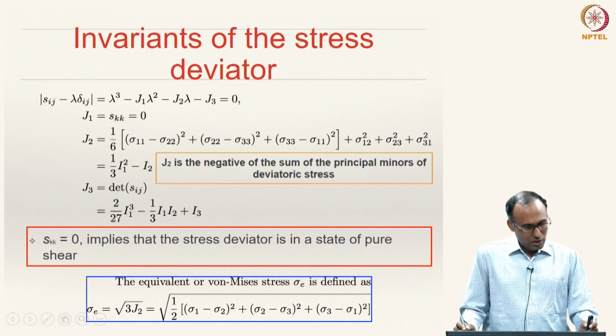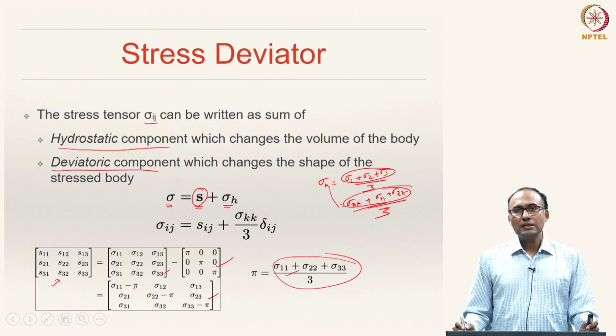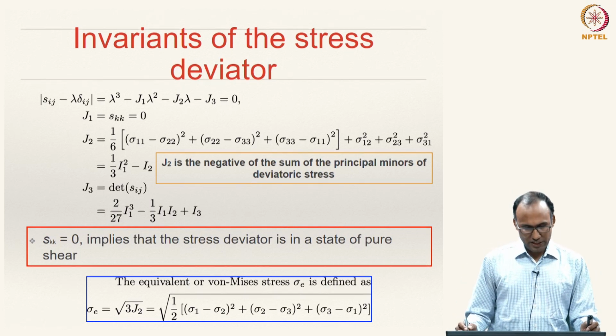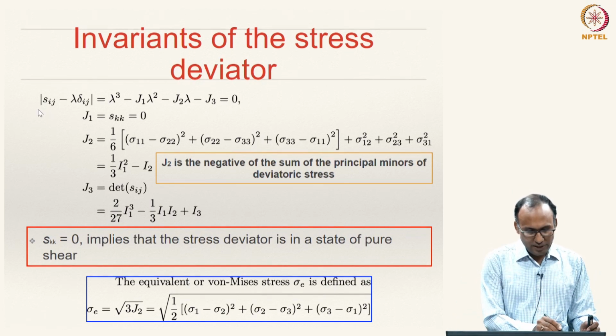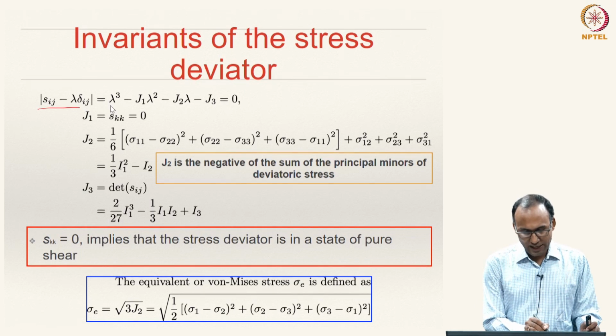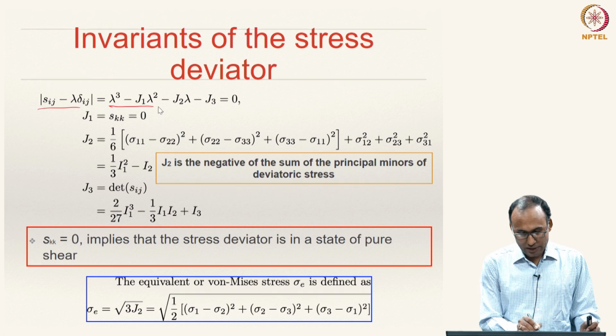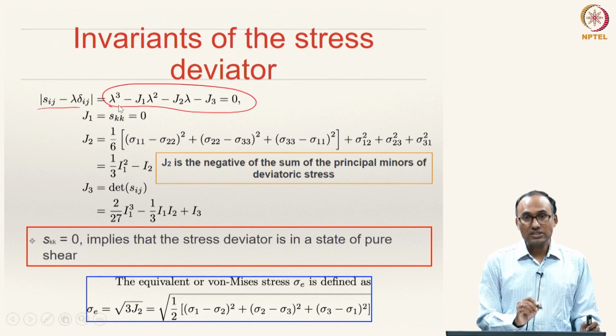Okay. Now, let me try to write the invariants of the stress deviator. If you write the determinant of the stress deviator, that can be written as lambda cube. So, if you write the characteristic equation, that can be written in terms of the invariants of the stress deviator.